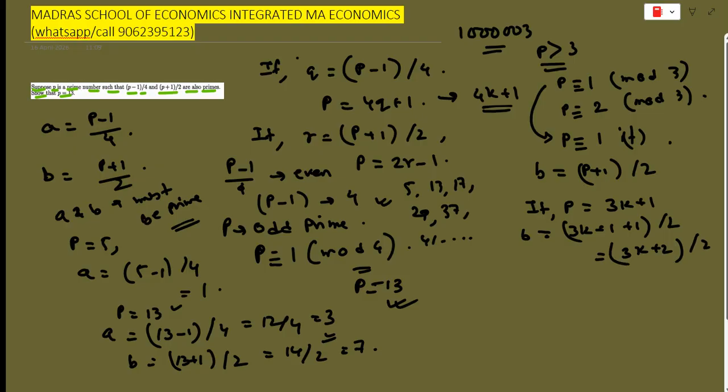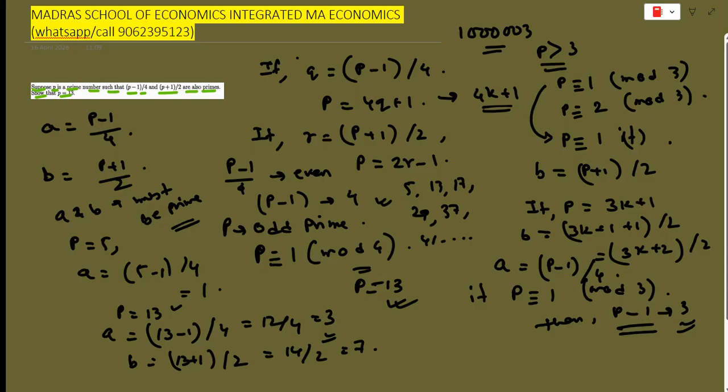So this does not immediately break, but wait. Look at A equal to (P minus 1)/4. If P is 1 mod 3, then P minus 1 is divisible by 3, right?